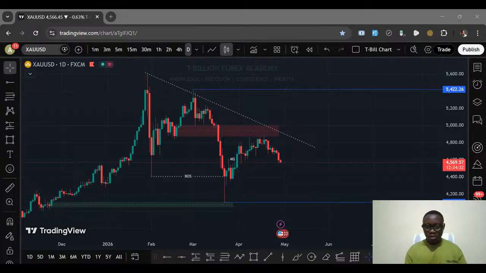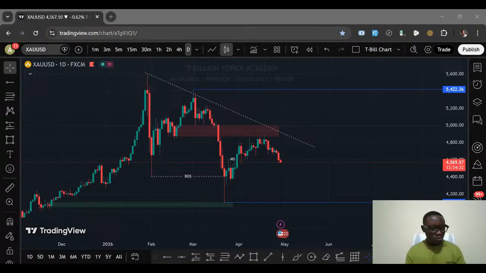You'll learn how to properly read market structure, identify key order block and breaker block zones, as well as liquidity areas, and most importantly, how to apply this concept effectively in real market conditions. Whether you're a newbie trader or a pro trader, everything we do here follows a clear top-down analysis process.